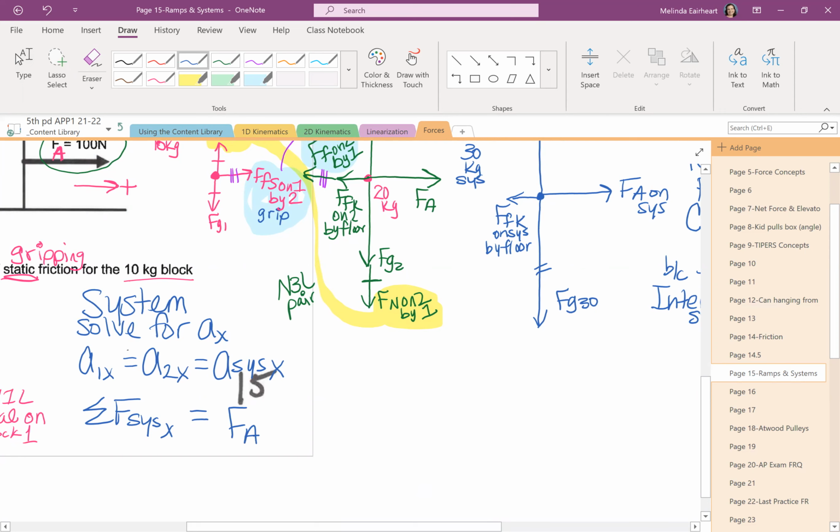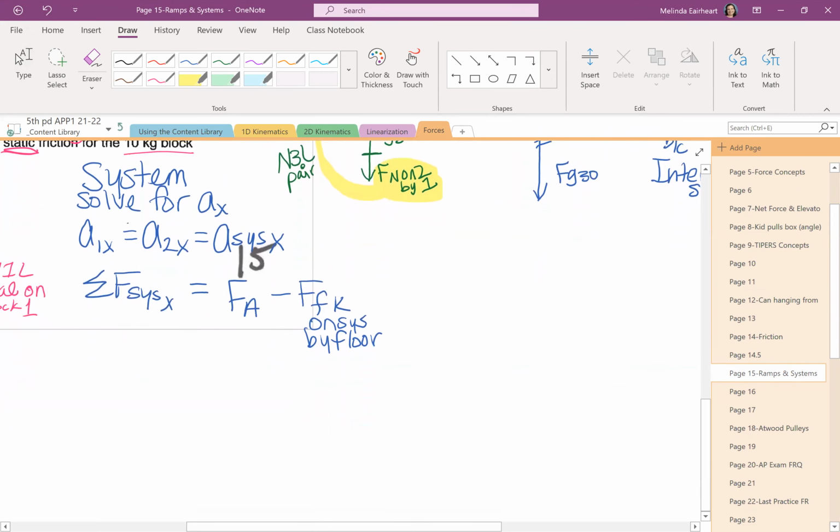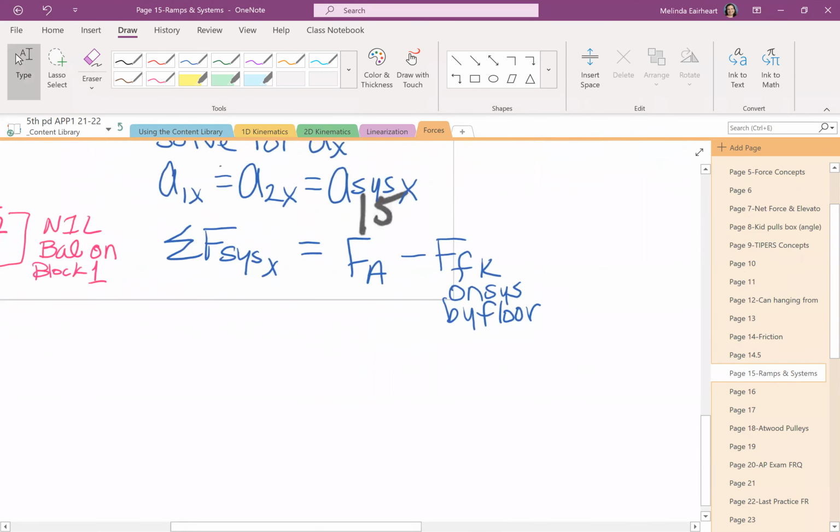Friction kinetic pulls back with the floor to the left. Yes? On the system, by the floor. So they gave us the newtons. They gave us how much applied force. We do need to calculate, and it's okay, they gave us enough. But before we calculate that friction, let's break it down.